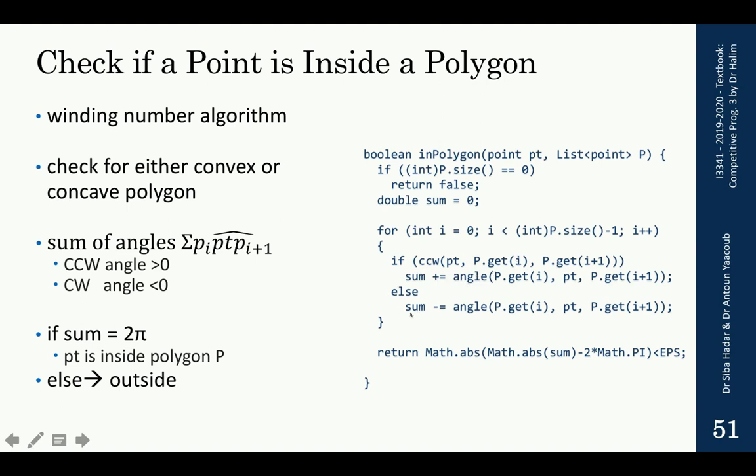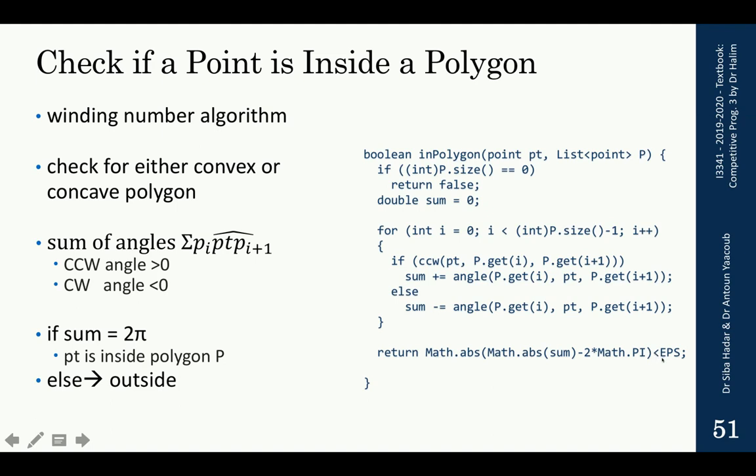Otherwise, we consider the angle a negative angle, so we deduct it from the cumulative sum. And we return true or false whether this cumulative sum minus 2 pi is less than the epsilon.